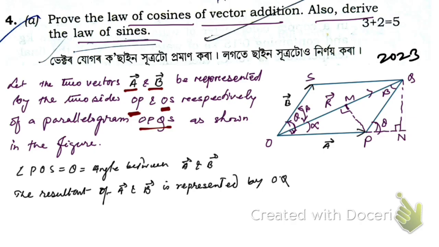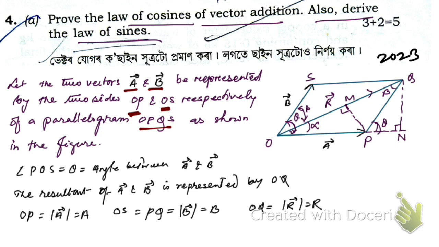Okay, so here OP will be equal to magnitude of vector A. That means you can write simply A, and OS, which is also equal to PQ, not OP, PQ. That is nothing but that will represent magnitude of vector B. That means simply B. And the length OQ will represent the magnitude of vector R, that is resultant vector. So simply you can write R, right?